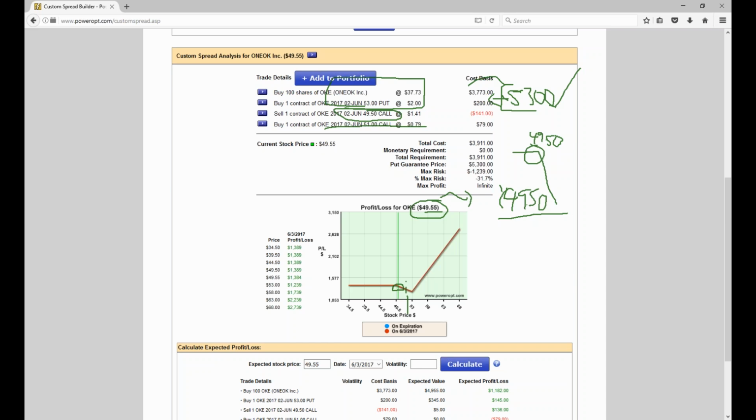If you're short a put at 53 and long a call at 49.50, and it ends there, you would end up owning 1,600 shares of stock. 800 at 53, 800 at 49.50. Okay, so that's where that goes.